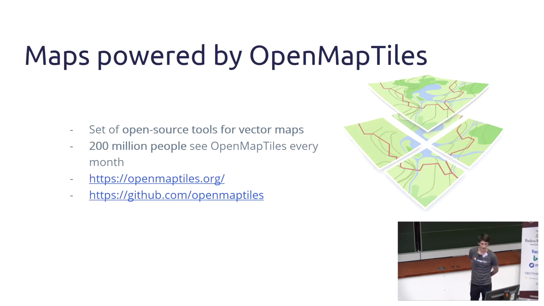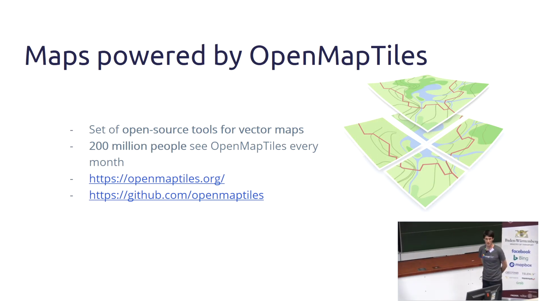And now we are switching to the OpenMapTiles part, let's say. This is the way you can do it. Any of you can do it. For those who still don't know OpenMapTiles, this is a set of open source tools. Daily it is used by, we estimate, 200 million people. We don't know exactly how many, because not everyone is our user.